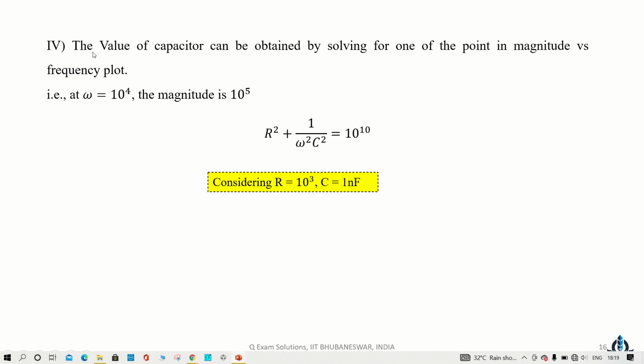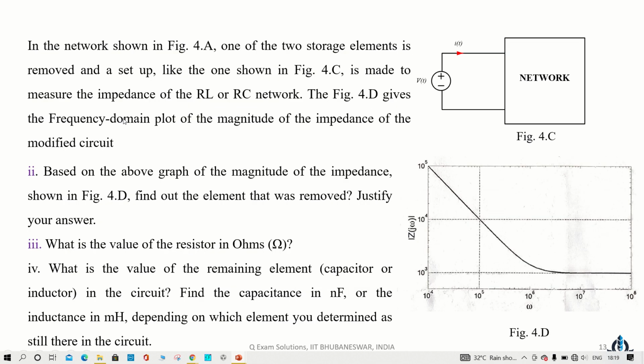The value of the capacitor can be obtained by solving for one of the points in the magnitude versus frequency plot. You can choose omega equal to 10 to the power 4, or omega equal to 10 to the power 5 also. I have chosen this point here. You can choose this one also, because you know this value and this value.